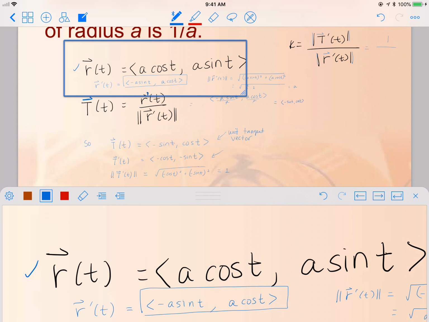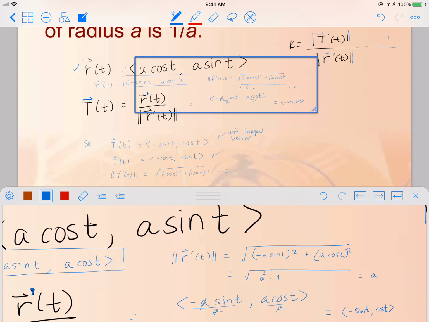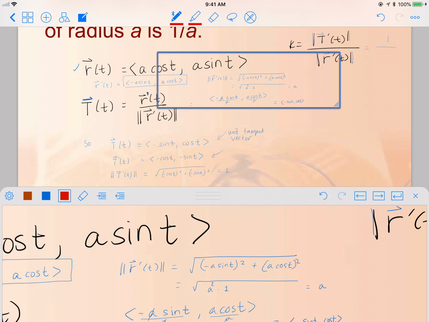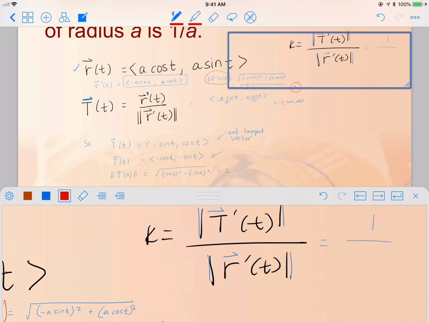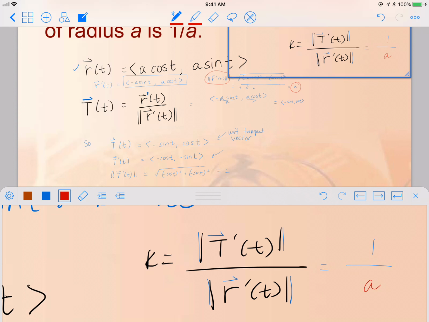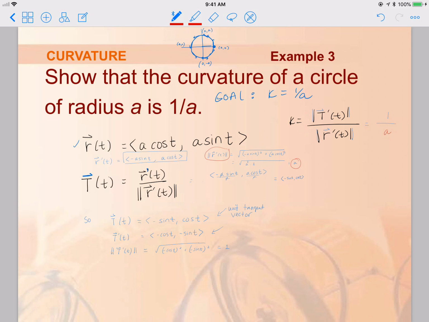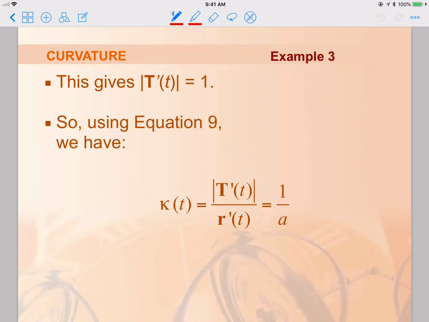We already found that the magnitude of the derivative is going to be a. So indeed, kappa is equal to 1 over a. Yeah, so we did that already.